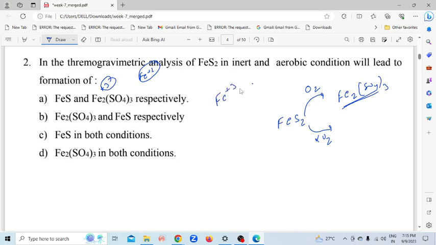Because it is Fe+3 and SO4 -2, whenever you write the formula it will be cross multiplication, so it will be Fe2 and SO4 3. Like that you can write the formula. But in absence of oxygen it will make FeS. So in inert condition it will make FeS, and in aerobic condition it will make ferric sulfate. So I think A is the right answer to this question.